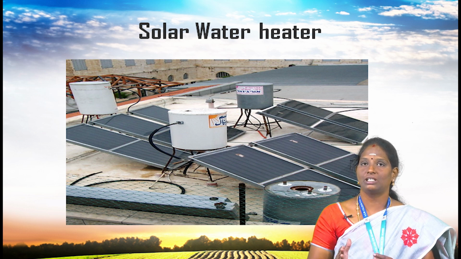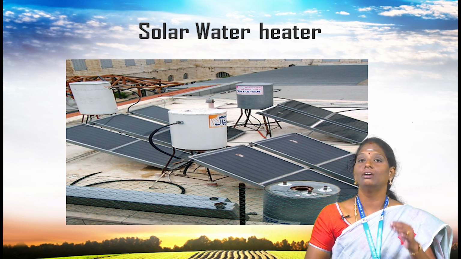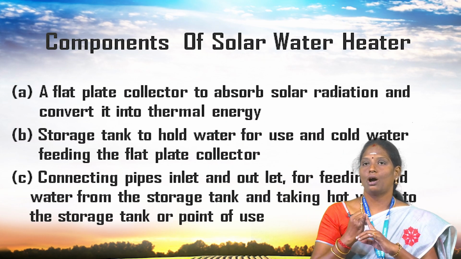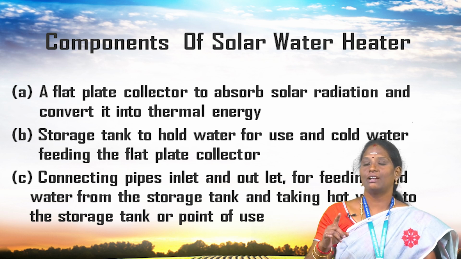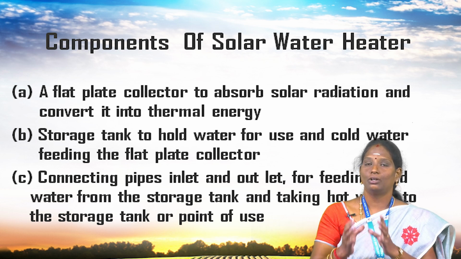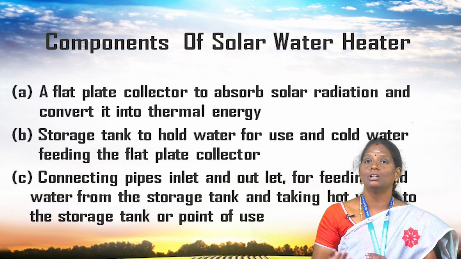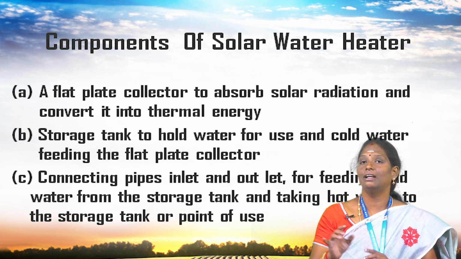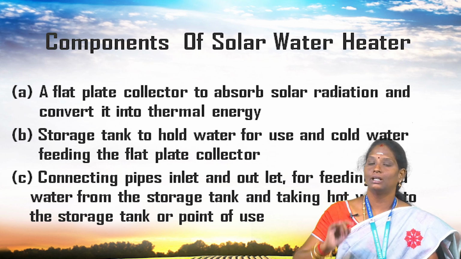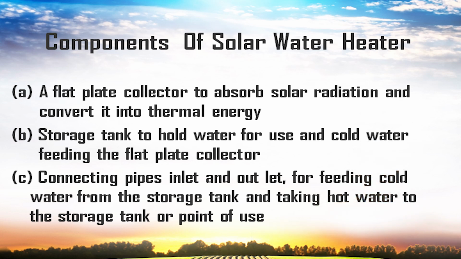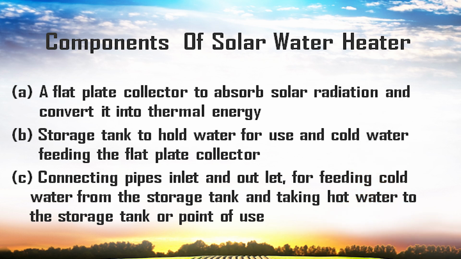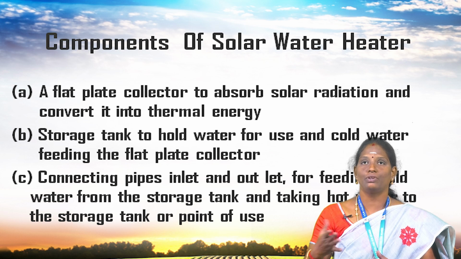A solar water heater normally consists of the following components: a flat plate collector to absorb solar radiation and convert into thermal energy. Second one is storage tank to hold water for use and cold water feeding the flat plate collector. Third one is connecting pipes, inlet and outlet, for feeding cold water from the storage tank and taking hot water to the storage tank or point of use.